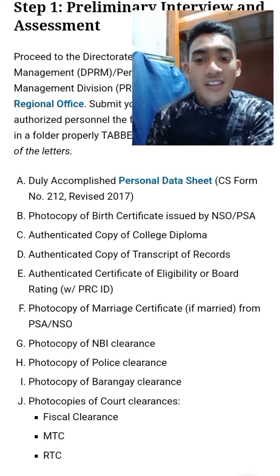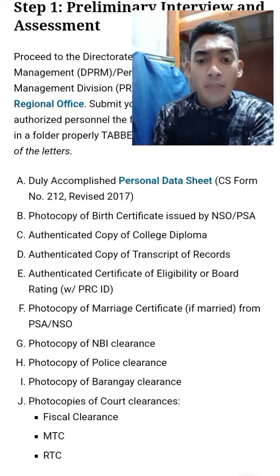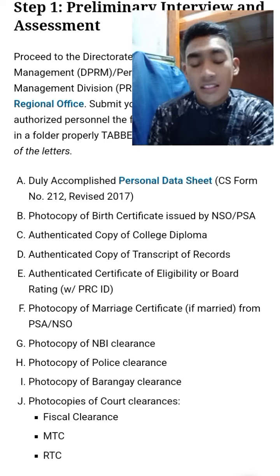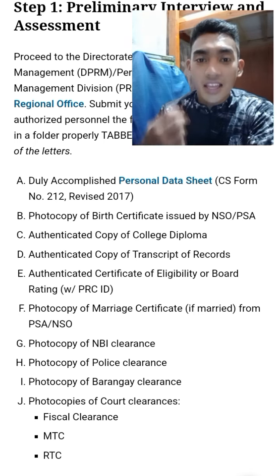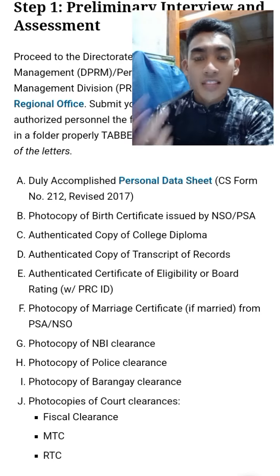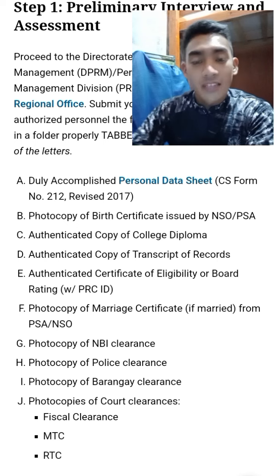Next is the authenticated certificate of eligibility or board rating with PRC ID. Here, at least one copy is enough already, because authentication in the PRC amounts to 75 pesos. But if you want to have at least 3 copies, you should. In my case, I have requested at least 3 copies of authenticated board rating.